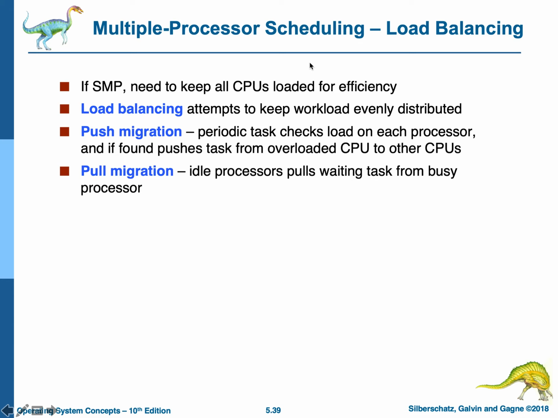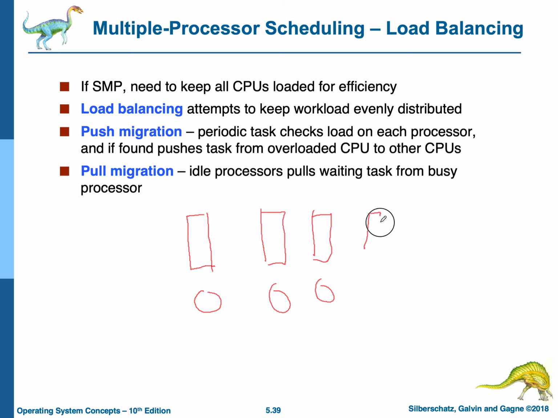Now we have to balance the load. I have already told you that to avoid the overburden of any processor, we need to balance the load between the processors. This balance requires migration. For example, if we have this queue here, this queue here, this queue here, and this queue here, we have a quad core computer.